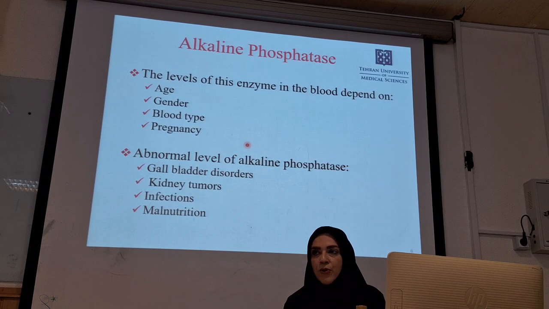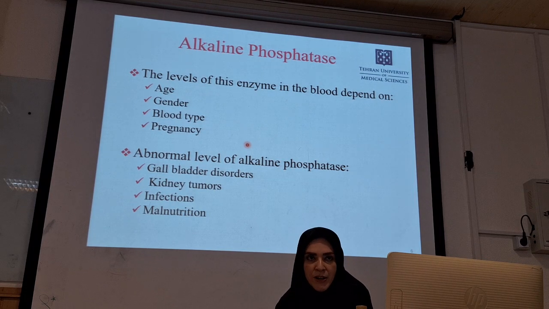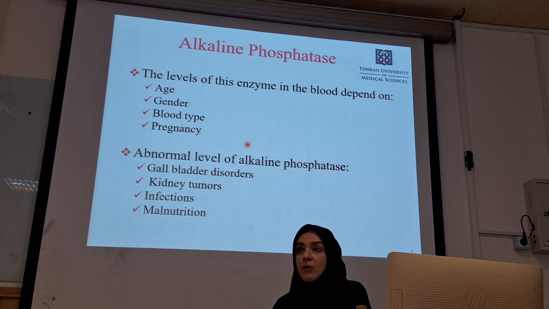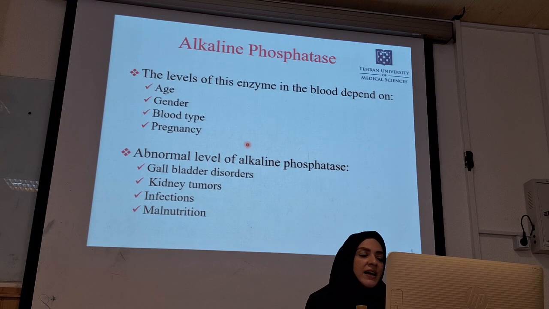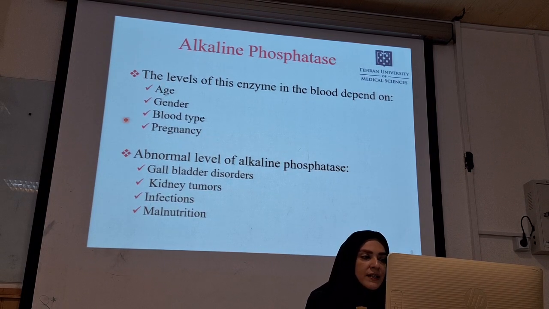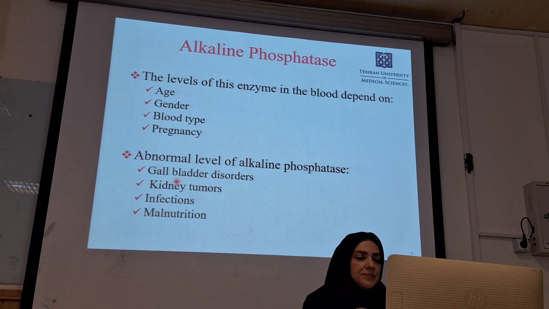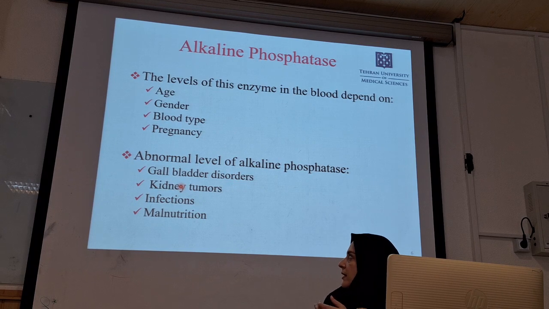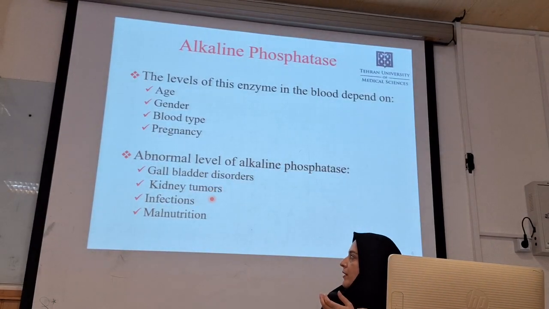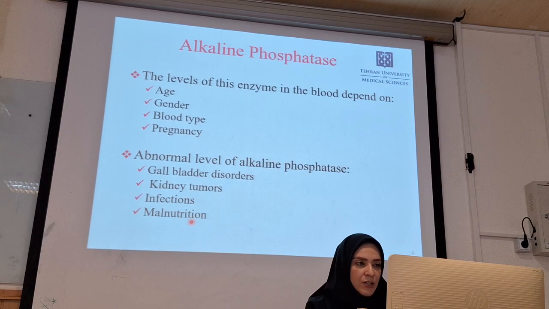As I mentioned, for interpretation, the normal range of this enzyme can be affected by many factors, like age, gender, race, blood type, and also pregnancy, because we have a placental origin. You should consider all these factors if you want to interpret the result. Abnormal levels of this enzyme are found in gallbladder disease, kidney tumors, infections, and some malnutrition. These are related to this one.